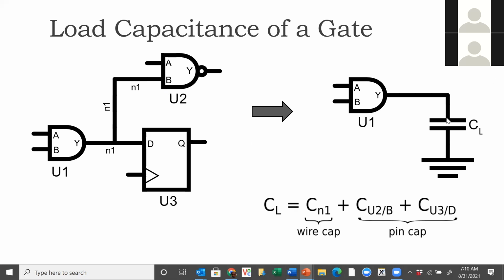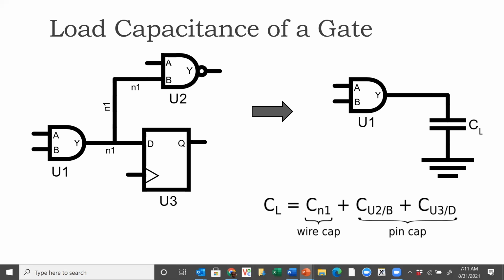And that's what I'm trying to show here, that U1, you can think of it as driving some load capacitance CL. The load capacitance has 2 components. One is the wire capacitance or the net capacitance. In this case, it is the capacitance of net N1. And then the pin capacitances of all the pins being driven by the driver.